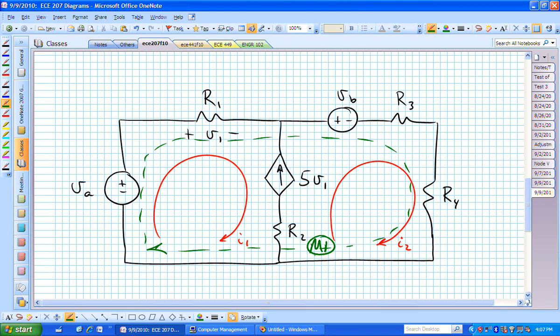Is it I1 minus I2? If I now cranked up one of those currents, which one would help 5V sub 1 become more positive? I2, wouldn't it? So that tells you which one is positive. It's going to be I2 minus I sub 1 is equal to 5V sub 1. Is that okay?